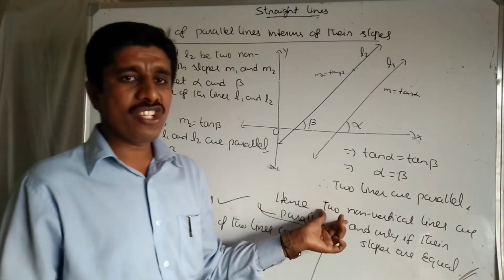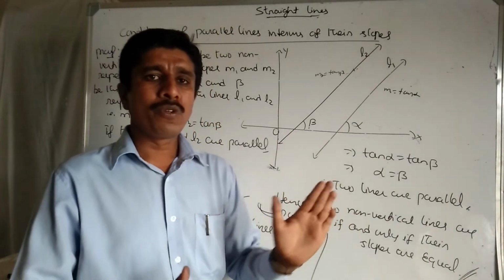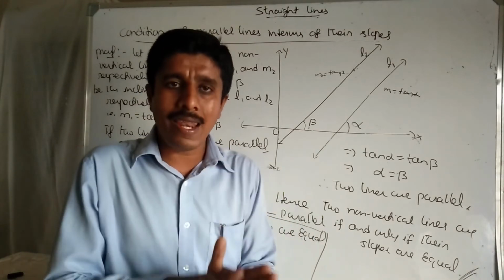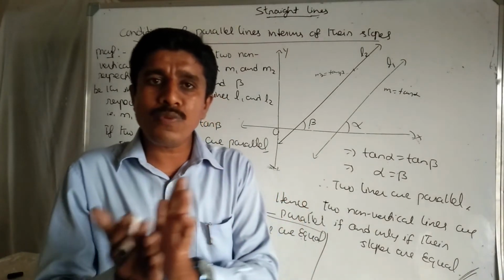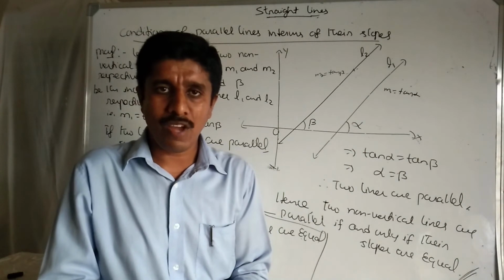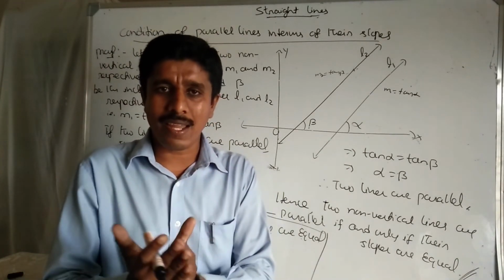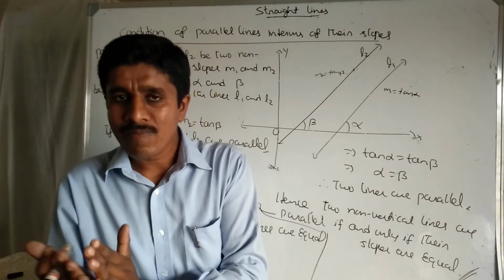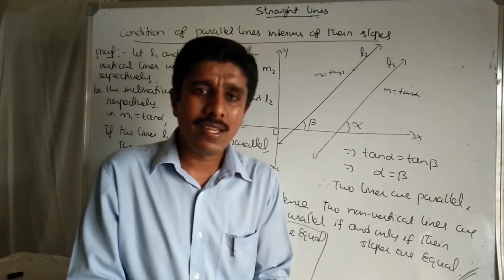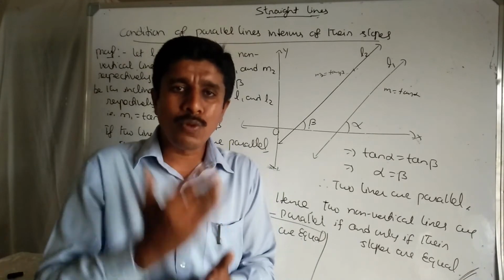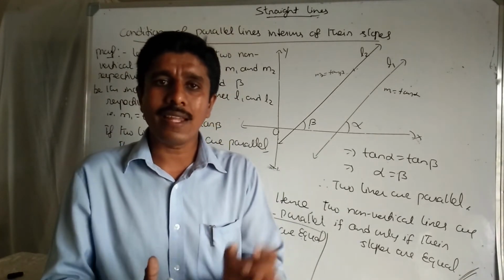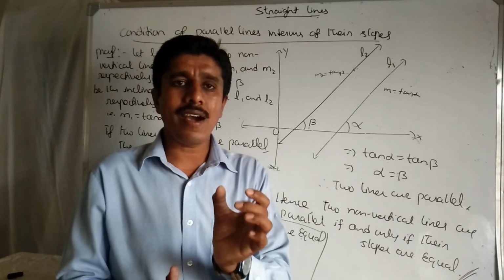Finally, write this. If two lines are parallel, then their slopes are equal. Here the lines are non-vertical lines. If the slopes of two lines are equal, then the two lines are parallel.